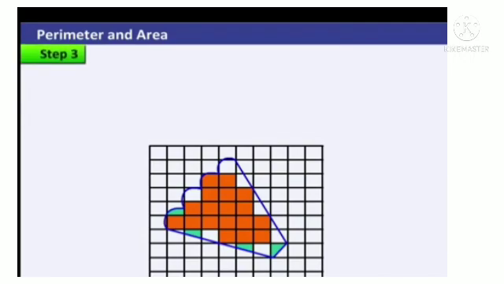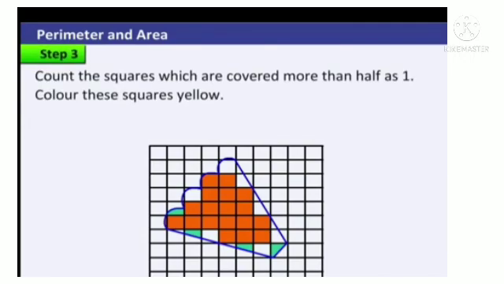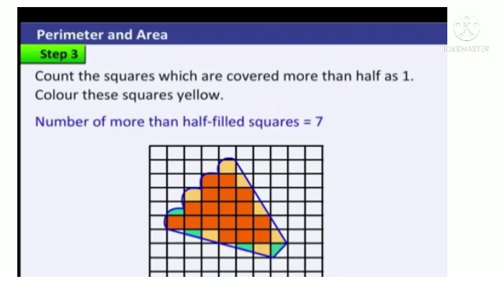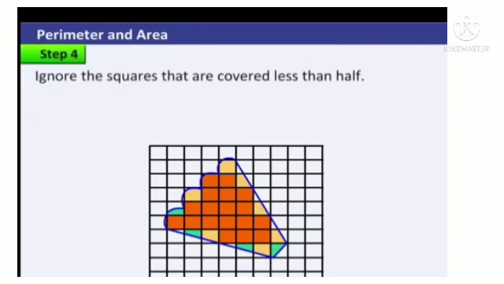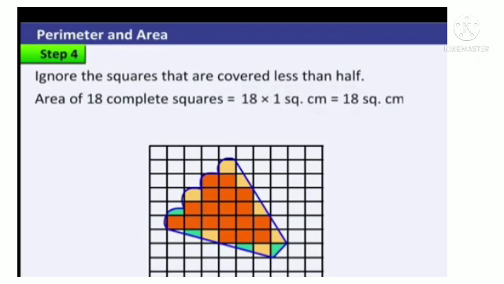Step 3. Count the squares which are covered more than half as 1. Color these squares yellow. Number of more than half-filled squares is equal to 7. Step 4. Ignore the squares that are covered less than half. Area of 18 complete squares is equal to 18 into 1 square centimeter is equal to 18 square centimeter.